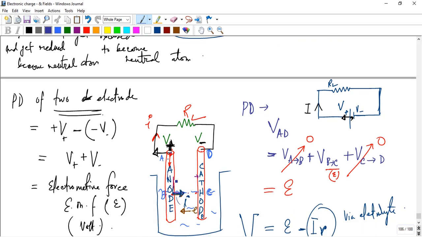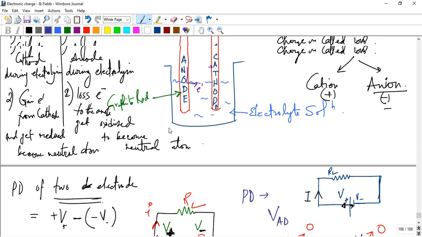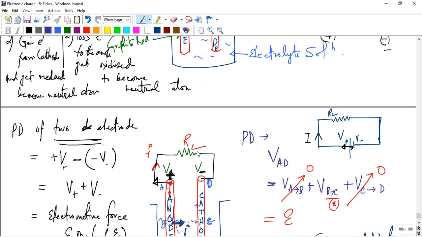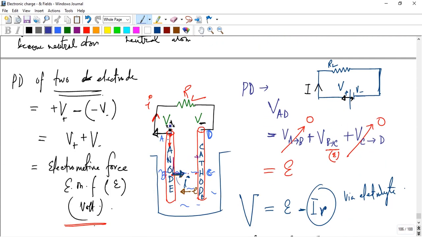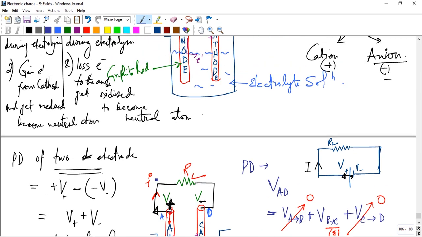Now this charge will be lost when a current passes through the load. When current passes through, these two, anode and cathode, tend to neutralize.